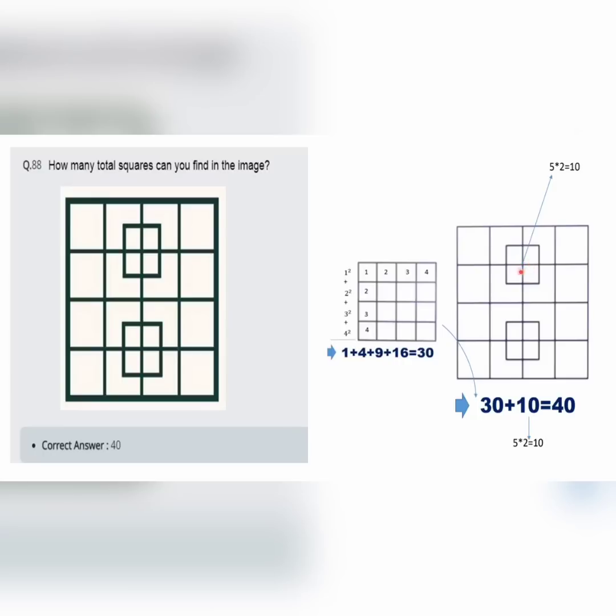Here there are extra squares, and this outer square consists of 5 outer squares. Here we have 5 squares, here also we have 5 squares. So 5 into 2, 10. So along with this 30, we add 10. So 30 plus 10, that is 40. 40 squares will be there.